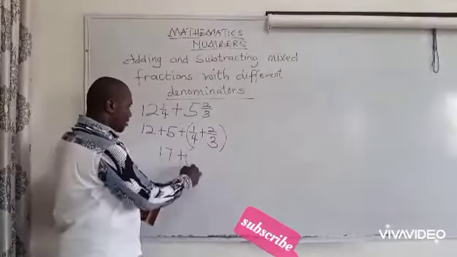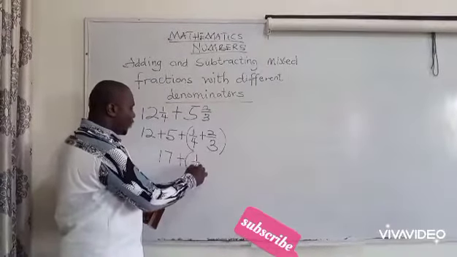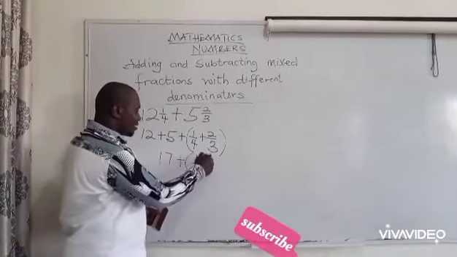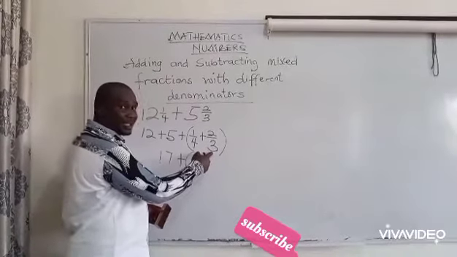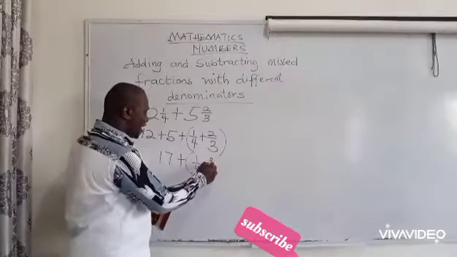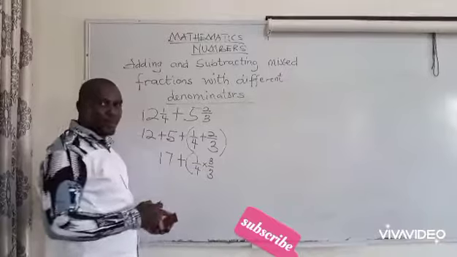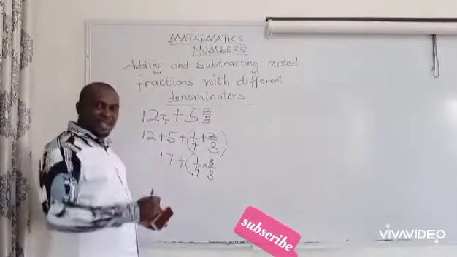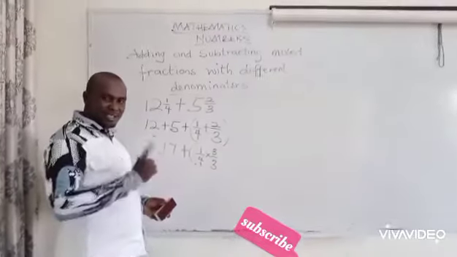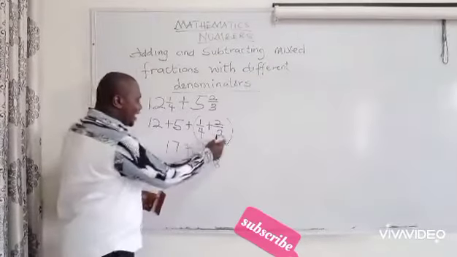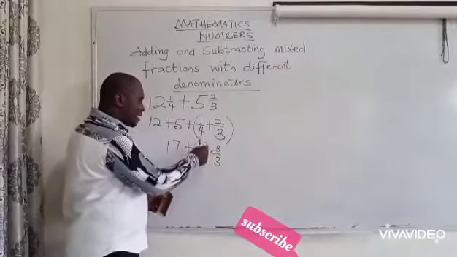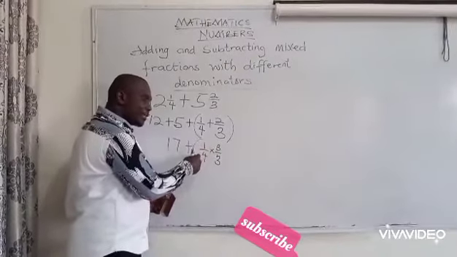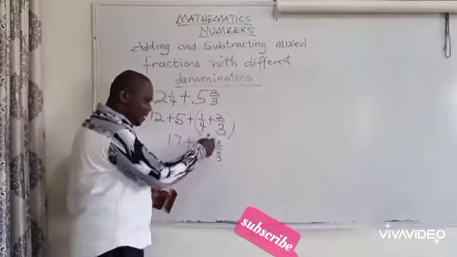That is 1 out of 4 times our second denominator, which is 3 out of 3. Please, the denominators are multiplying all the fractions. Take note, the denominator here is multiplying the numerator here and the denominator here. So it's the same thing.